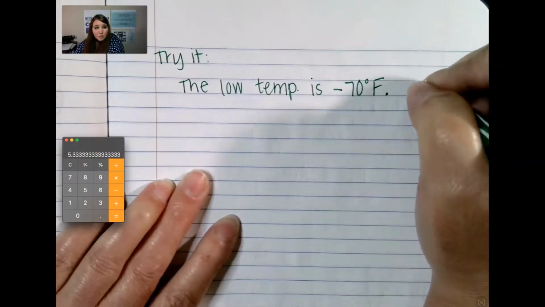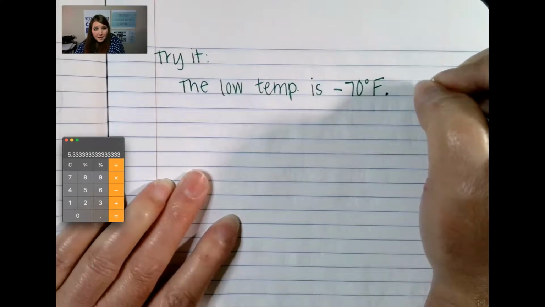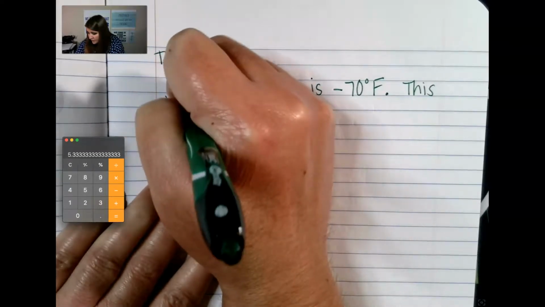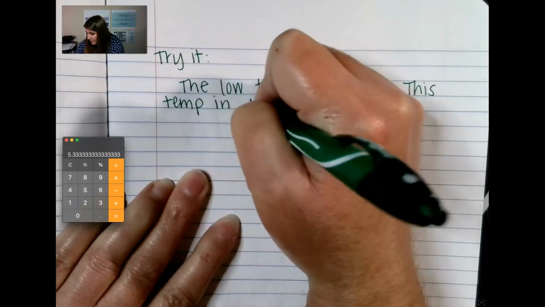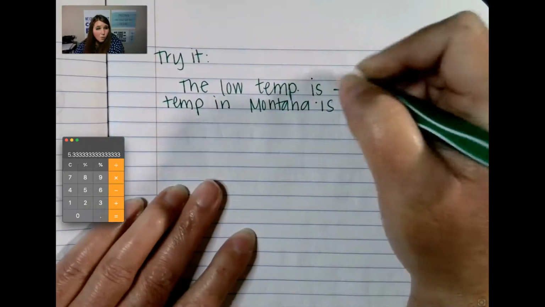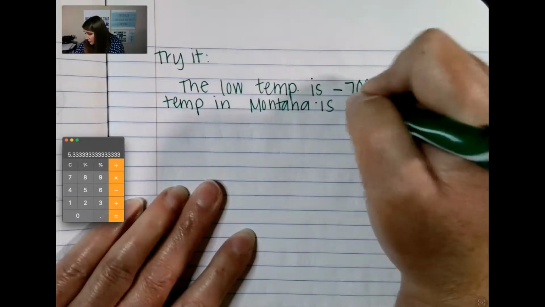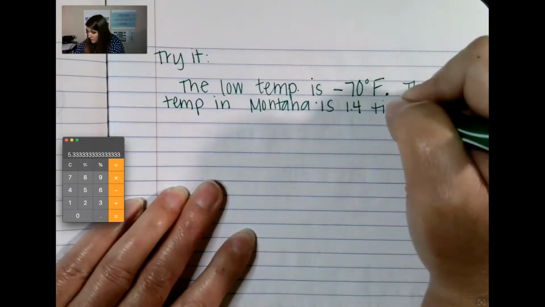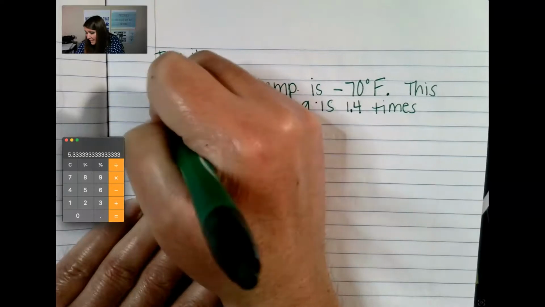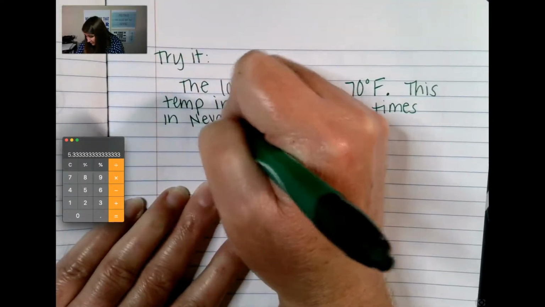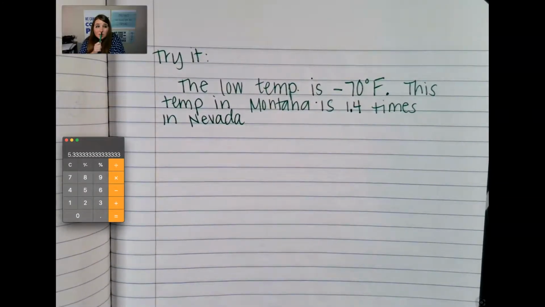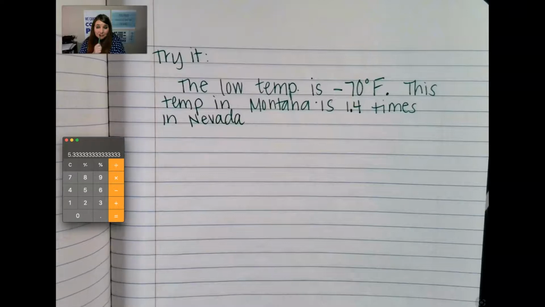Okay, the record low temperature in Montana. So this temp in Montana is 1.4 times, what is with all these 0.4s and 0.3s, times in Nevada. So it is that much colder than in Nevada.